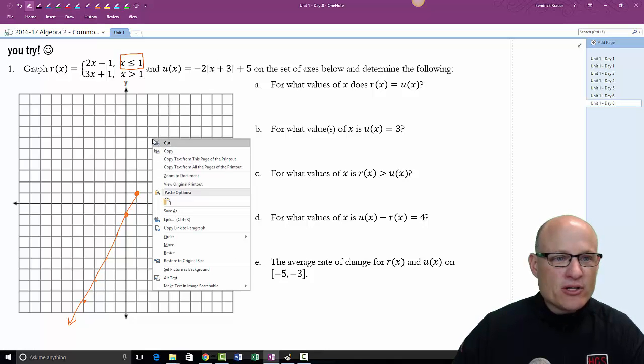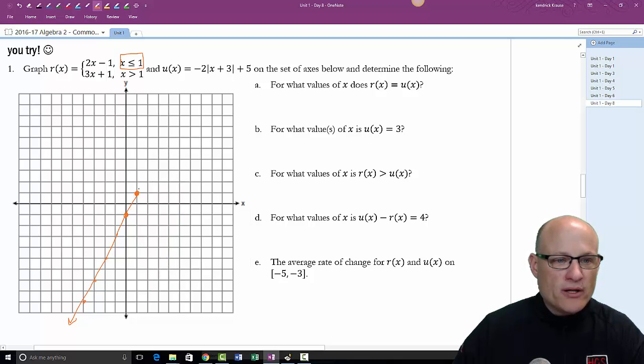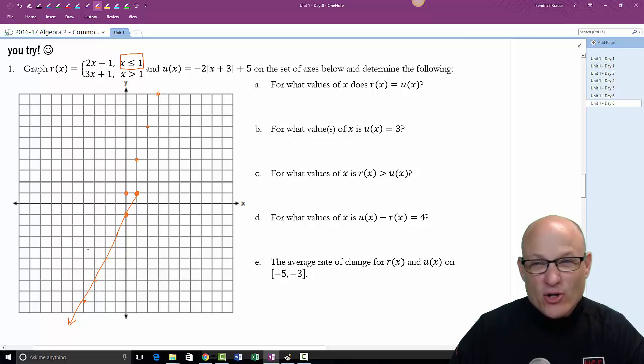Okay, now we're going to do the other one, 3x plus 1. It's still going to be orange. Now we're going to do up 3 over 1. I know that I only want the ones that are greater than 1, so I'm not even going to bother to go in the left direction.